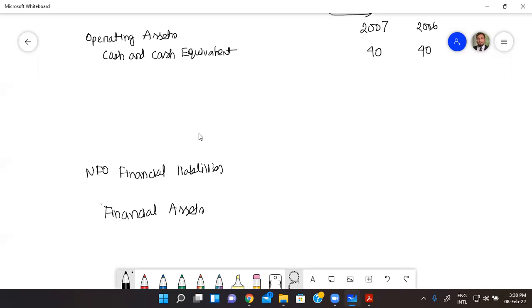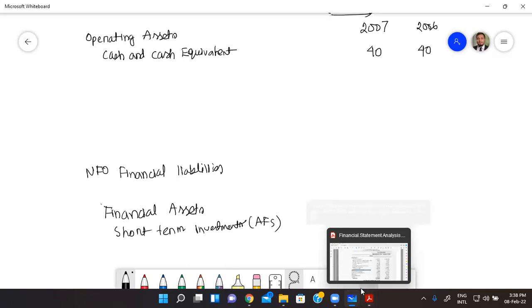So under the financial assets, what can we write? We can write the short-term investment available for sale in this way, as it is a debt item.